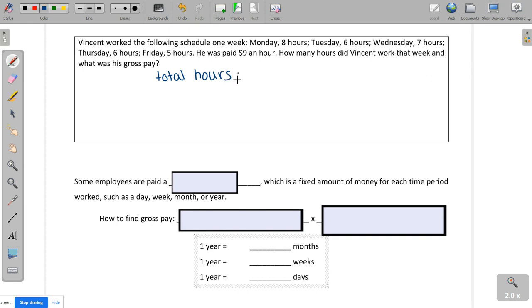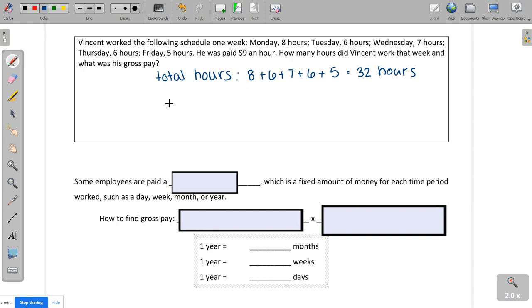We're going to add up the hours for each day he worked. So Monday was 8, Tuesday was 6, Wednesday was 7, Thursday was 6, and Friday was 5. When we add all that up, we get 32 hours.